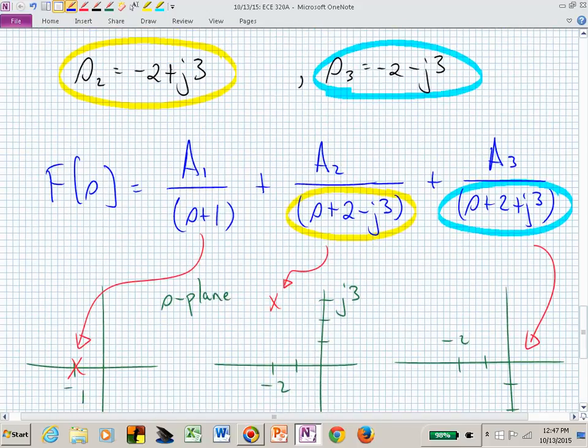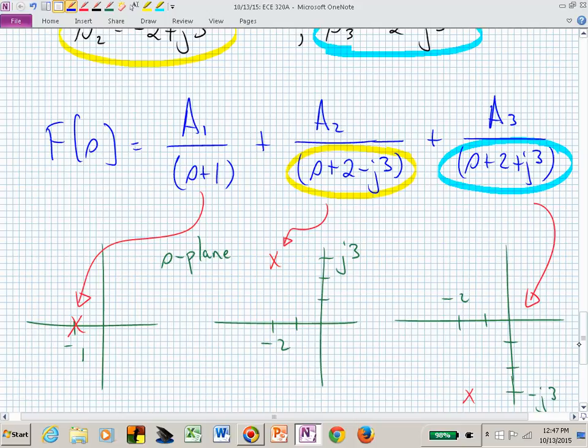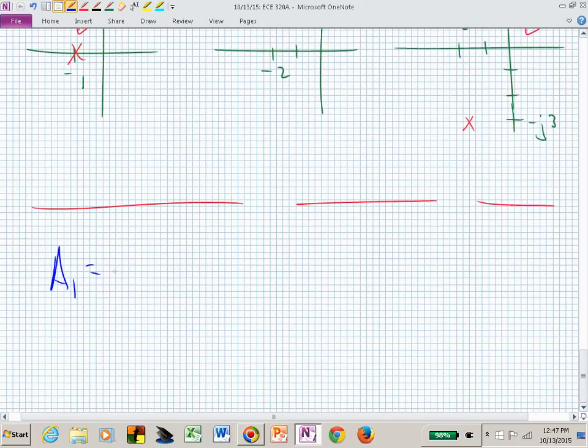We simply multiply every term by s plus 1 and evaluate what's left at the value of s that causes that denominator to vanish, which is s equal to minus 1. All the terms on the right fall out or go away except for A sub 1. That stays by itself, and now we have A1 equals s plus 1 times F(s), and we evaluate that at s equal to minus 1.